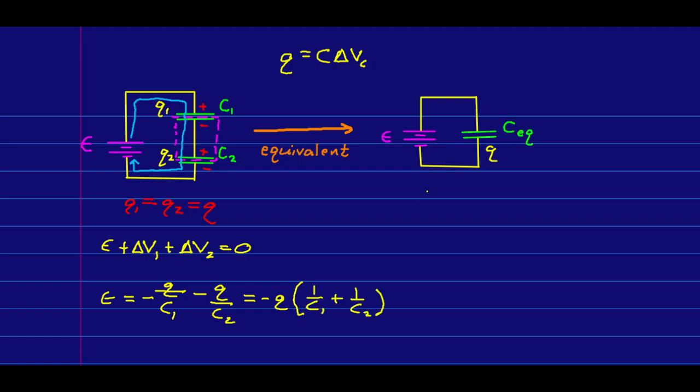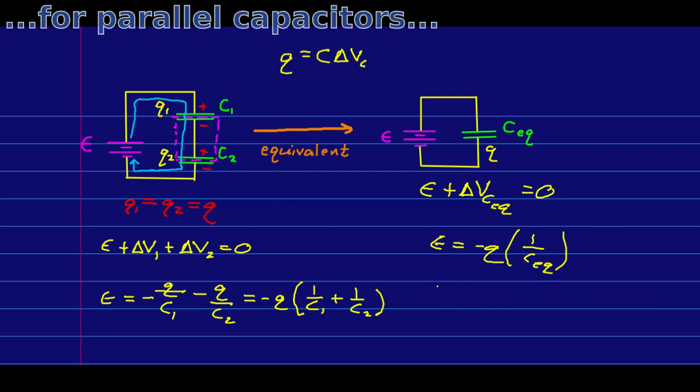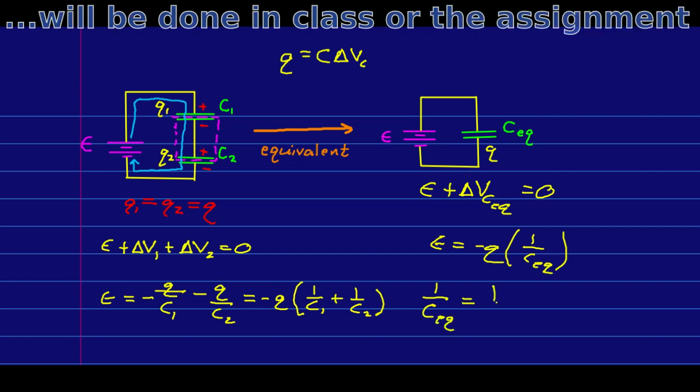Well, if I do all the same things over here, I get this. And since these are the same epsilons, that gives us a relationship between the equivalent capacitance and the capacitances of the individual capacitors that are in series with each other.